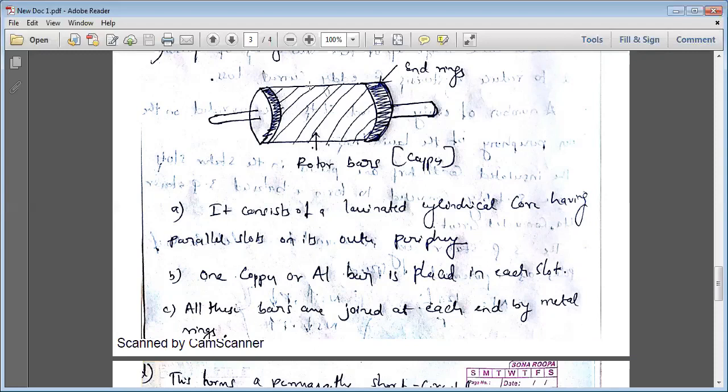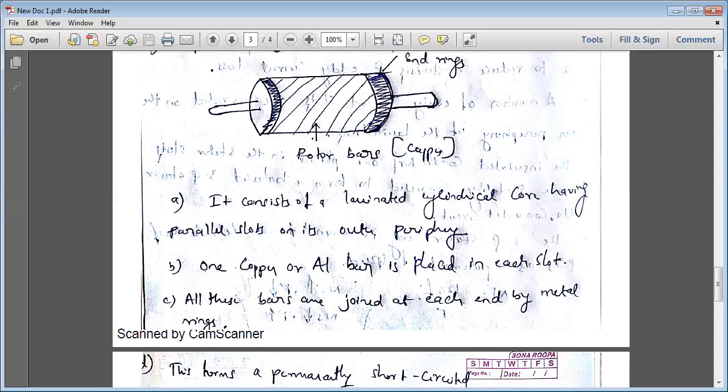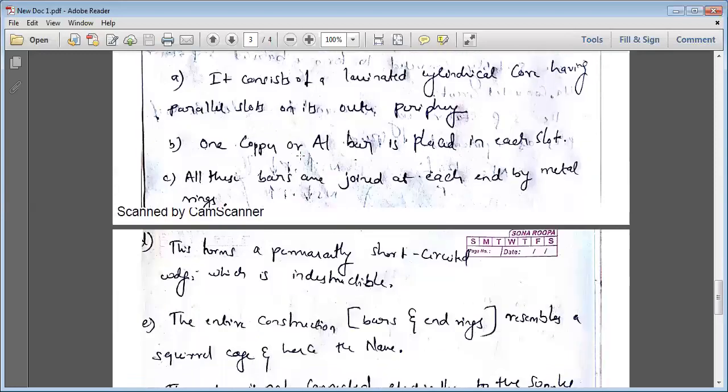It is completely short circuited, and this forms a permanently short circuited winding which is indestructible, meaning it is very strong and we cannot break it.